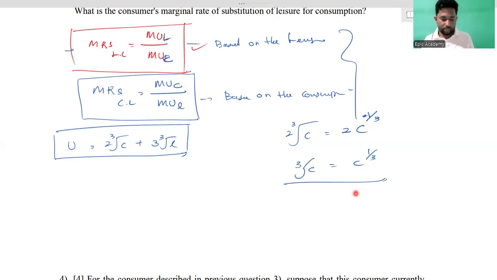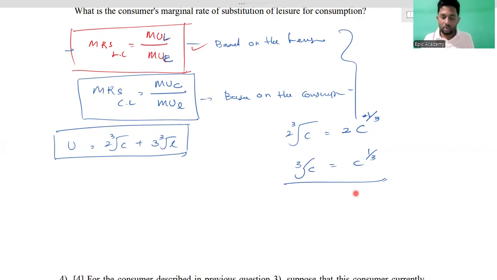Similarly, press the 1 button, press 2, and utilize the power button. Within brackets, put 1 divided by 3 and close the bracket.